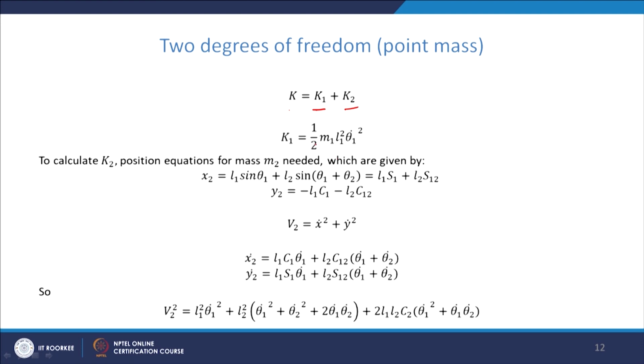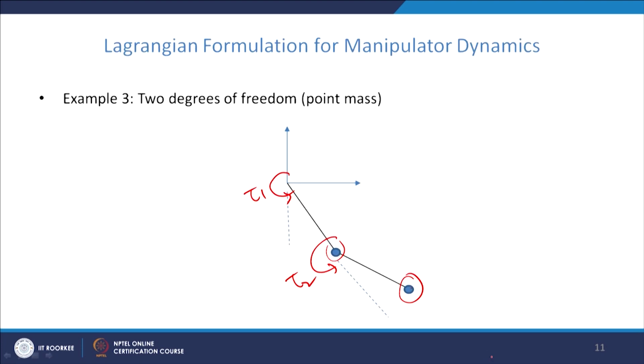Here we can see that the first link is of length L1 and the coordinates of this point are L1 sin theta 1, if we measure theta 1 from this one, and then theta 2 here.